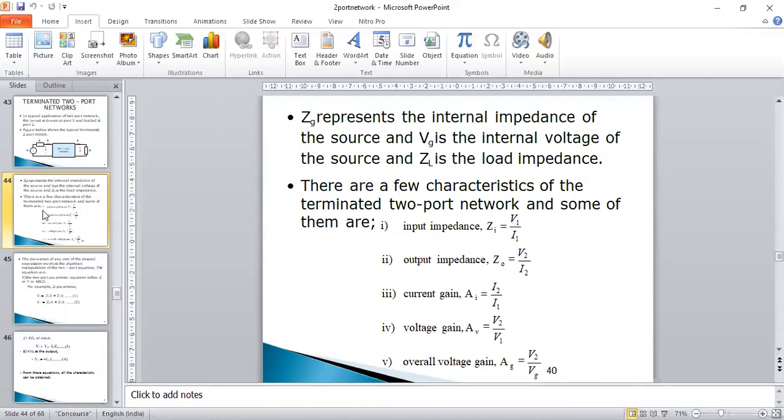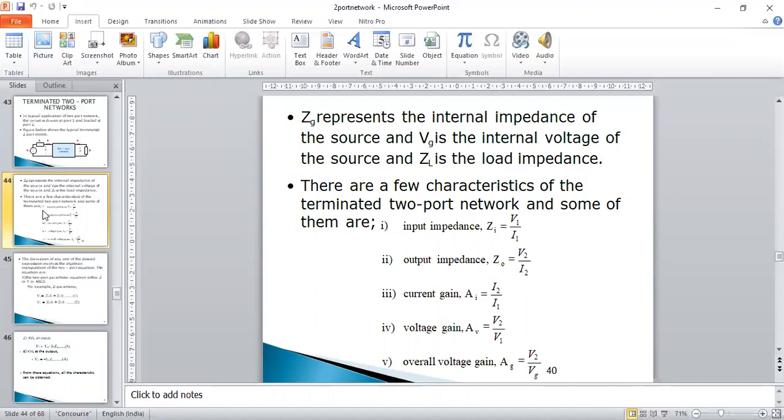The input impedance is denoted by Zi, and it is the ratio of input voltage to the input current. Similarly, the output impedance Z0 is equal to V2 divided by I2.